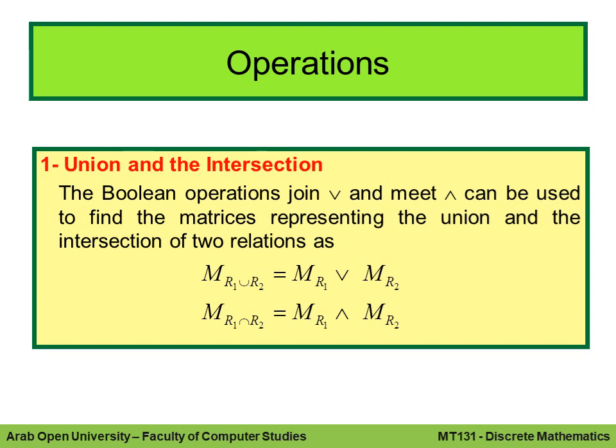For example, if we know the matrices that represent R1 and R2, then the matrix representing R1 union R2 is just the join of the matrix for R1 with the matrix for R2. The matrix for the intersection of R1 and R2 is just the meet of the matrix for the first relation and the matrix for the second relation.